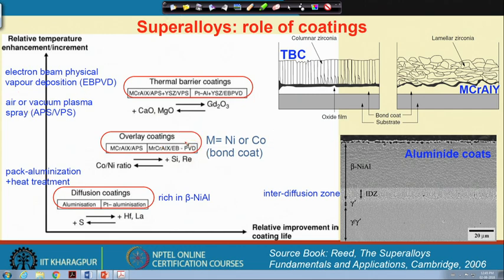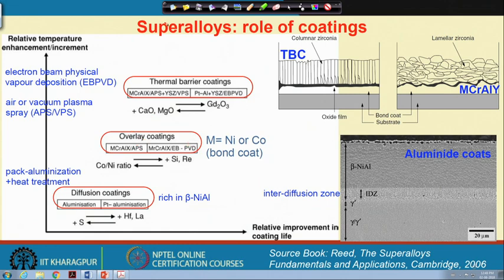So, both techniques could be used for producing this overlay coating. However, here in MCrAlX, M basically means it could be nickel or cobalt. Okay. So, this is also often called a bond coat.